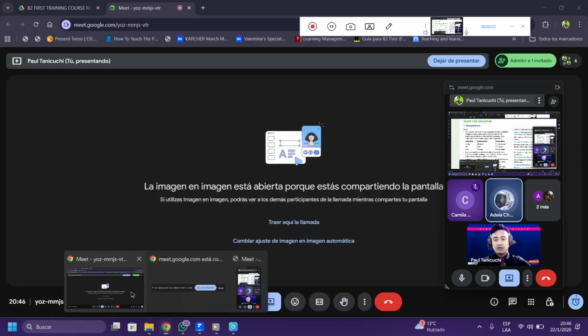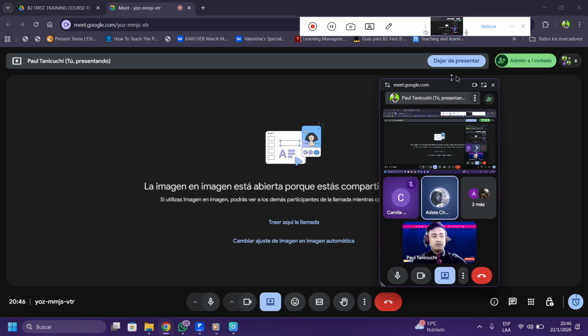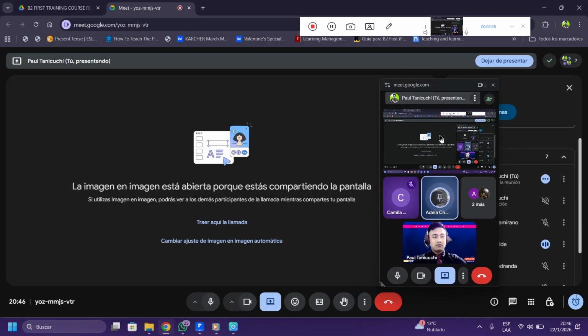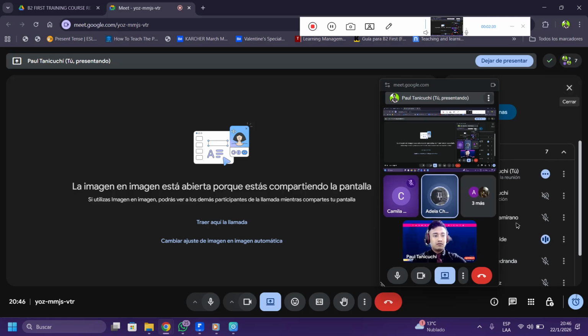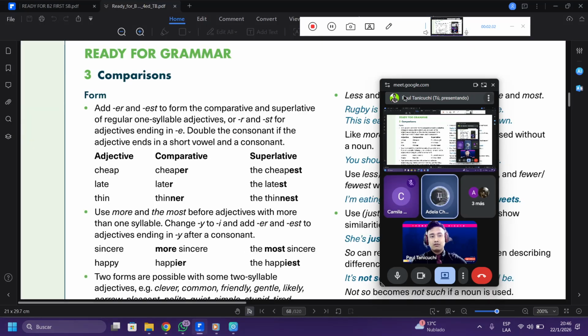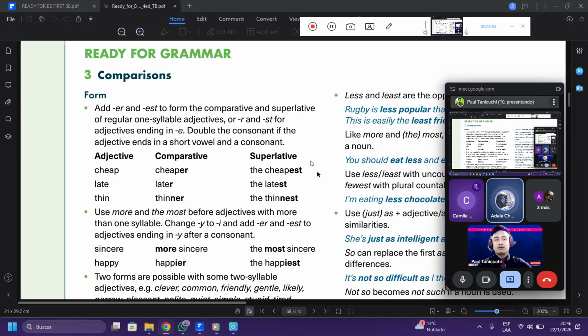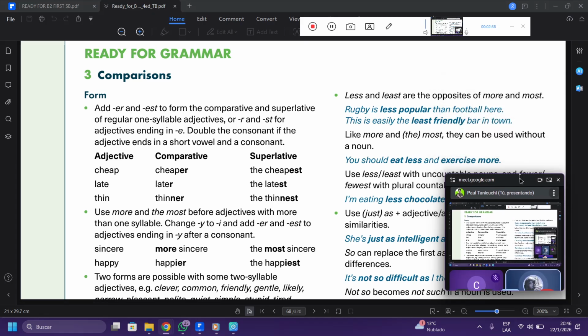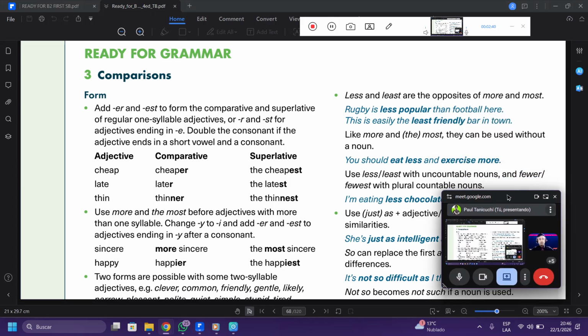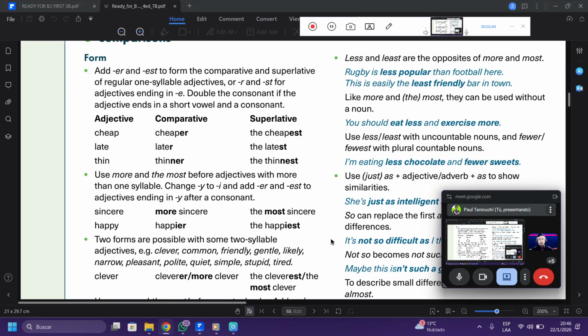Thin, thinner, the thinnest. Use more and most before adjectives with more than one syllable. Change y to i and add er and est to adjectives ending in y after a consonant. Sincere, more sincere, the most sincere. Happy, happier, the happiest.